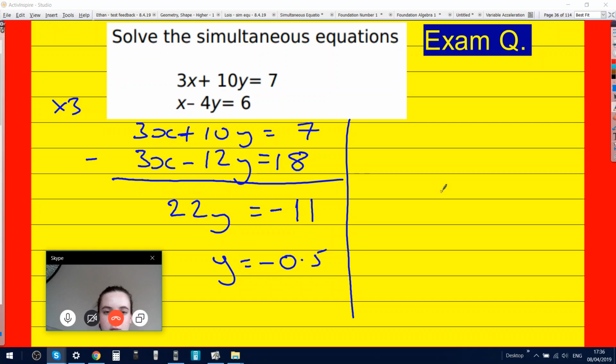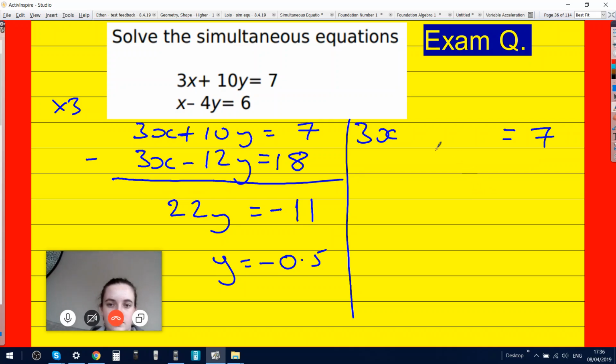Then x. 3x plus 5 is 7. 10 times minus a half? Minus 5. Yeah. So then plus 5 is 12.